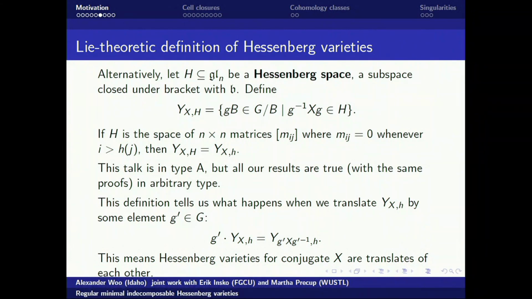So when you hit X by G inverse by the adjoint action, that's what this conjugation is in general, you land inside your Hessenberg space H. Now I'm not going to do it here, but I could take 10 minutes and show you exactly why this is somehow equivalent to the previous definition. It's just a matter of rank conditions on certain matrices, and exactly what this multiplication is tells you something.